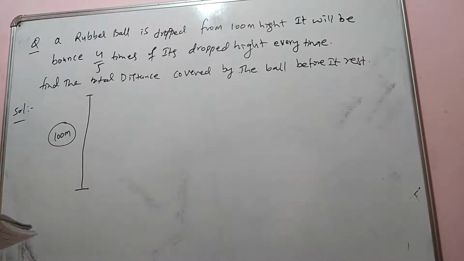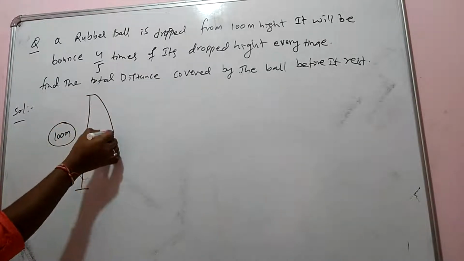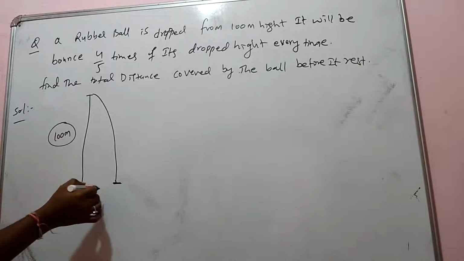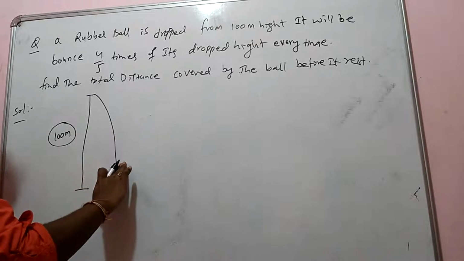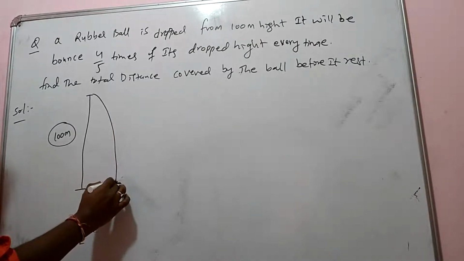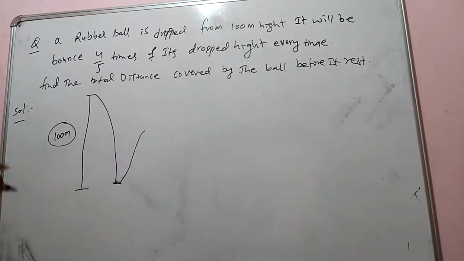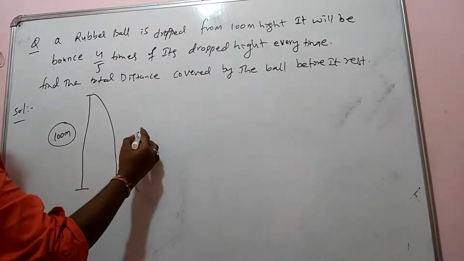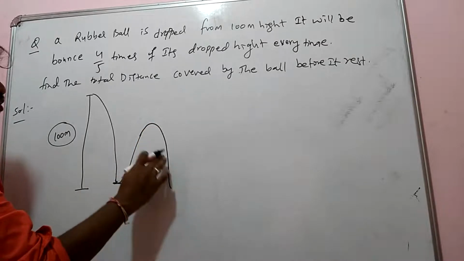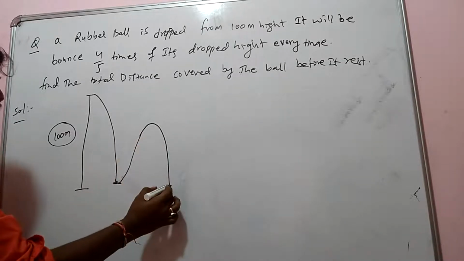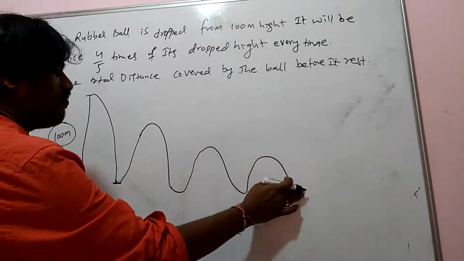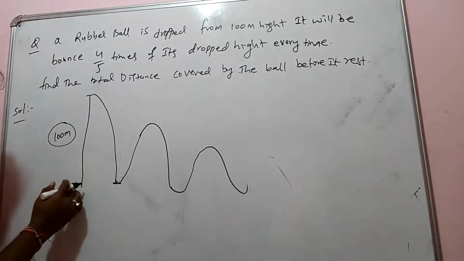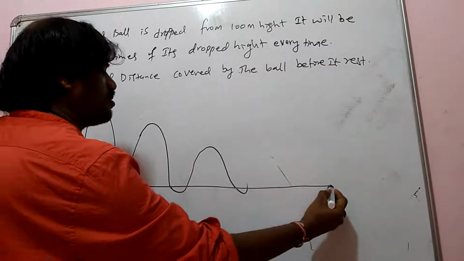When you have dropped the ball, it hits the ground, and it bounces 4/5 times of this. Then it bounces again 4/5 times of this, and again, and finally it is going to rest.